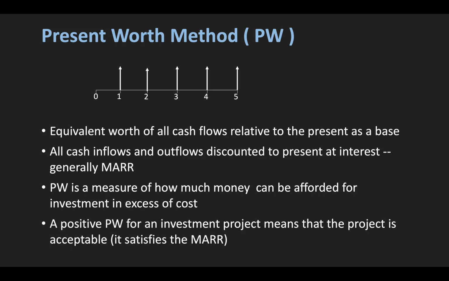It's higher than MARR, which means it's attractive, and then you can do the investment, right? So this is basically how we do it. We convert everything to the present value, and we find the result, right?